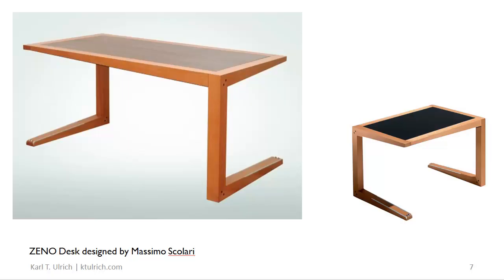Now, if you think I'm just making that up, if you look carefully at the leg of that table, I think you'll notice that Scolari put in essentially a paw on the feet of that table. He's playing tricks with us, and he's making this object not only mess with our physics computer, but he's imparting it with animate qualities, with animal qualities through the use of paws and feet, which make it a pretty intriguing object for us as humans.